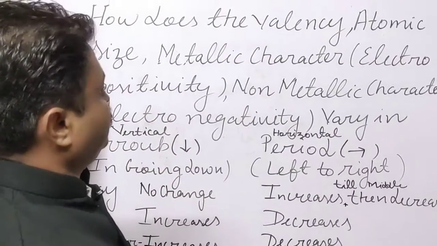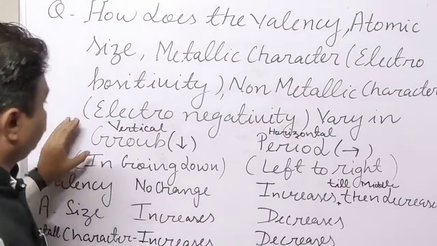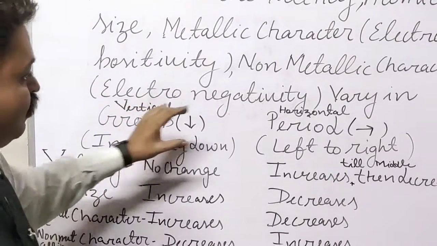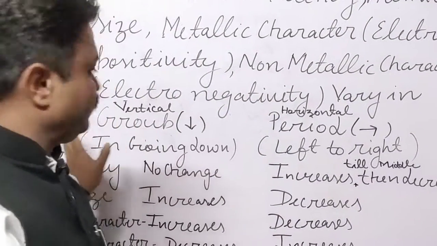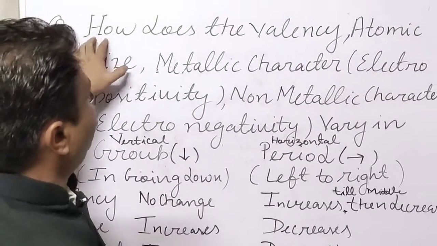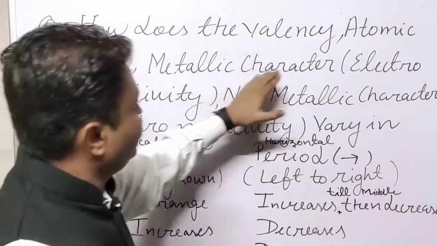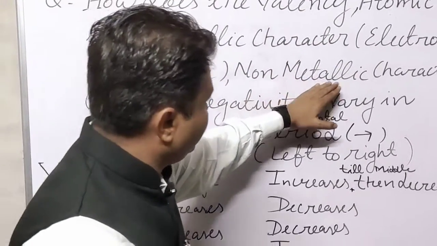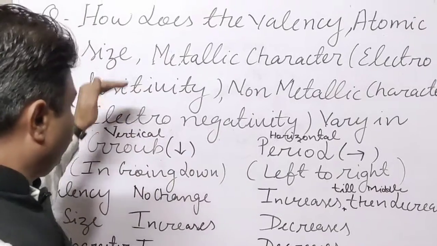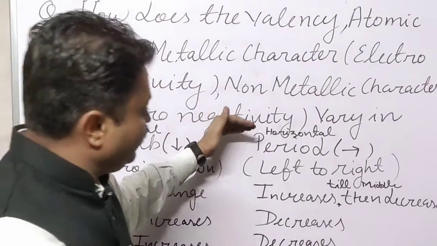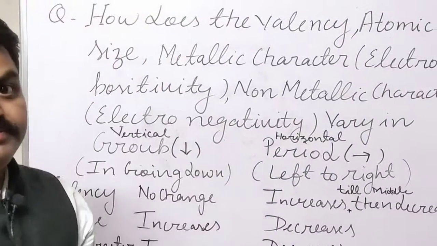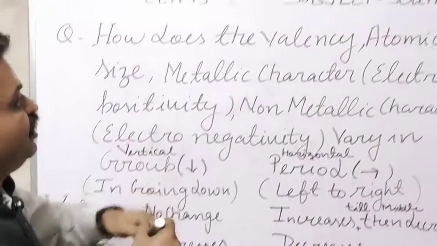Horizontal rows are known as periods and vertical columns are known as groups. How do valency, atomic size, metallic character and non-metallic character vary going down a group and across a period from left to right? First we will discuss valency.